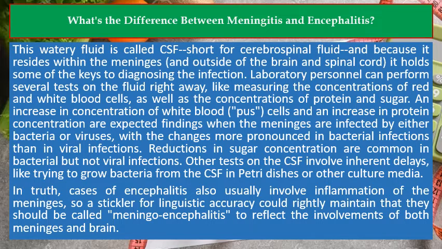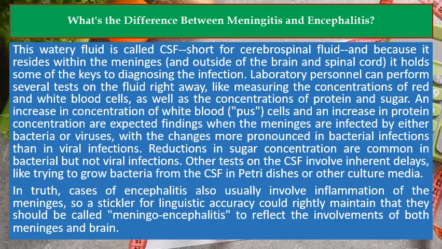An increase in concentration of white blood, or pus, cells and an increase in protein concentration are expected findings when the meninges are infected by either bacteria or viruses, with the changes more pronounced in bacterial infections than in viral infections. Reductions in sugar concentration are common in bacterial but not viral infections. Other tests on the CSF involve inherent delays, like trying to grow bacteria from the CSF in petri dishes or other culture media.